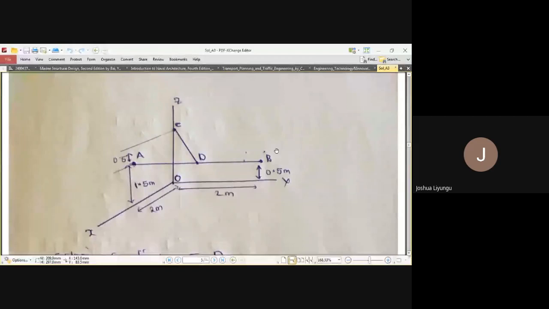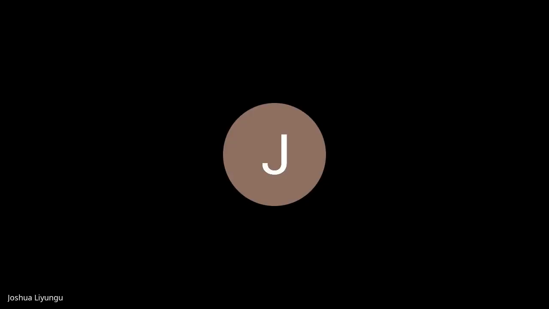I think maybe you first of all find the position vectors of each. Then after we're done with that, we find the distance between 2 points.